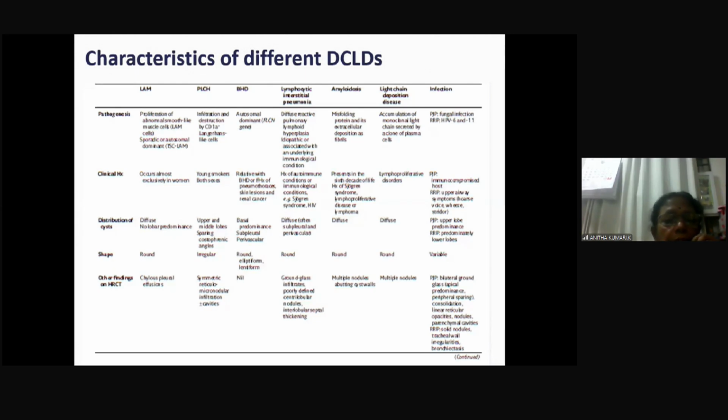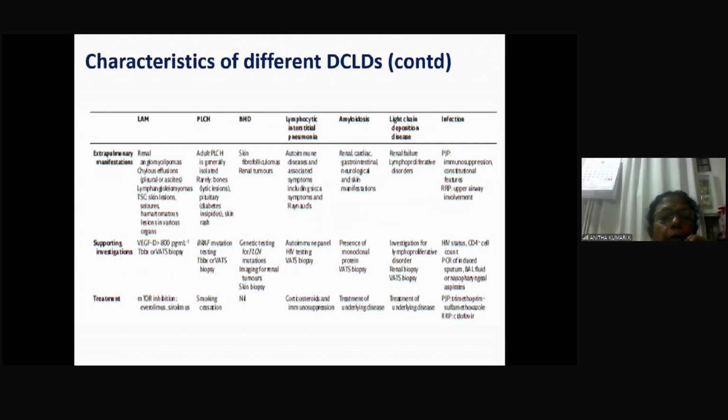Then the characteristic features of the cyst that has all been described. Then other findings in HRCT, that is important. For LAM, you can see associated chylous pleural effusions. PLCH, you see the nodules as well. Birt-Hogg-Dube, there are no associated features, and LIP, you see ground glass opacities, poorly defined centrilobular nodules, interlobular septal thickening is also present. Next one.